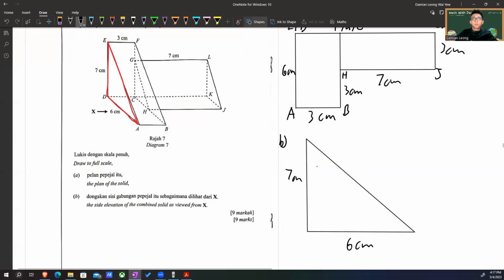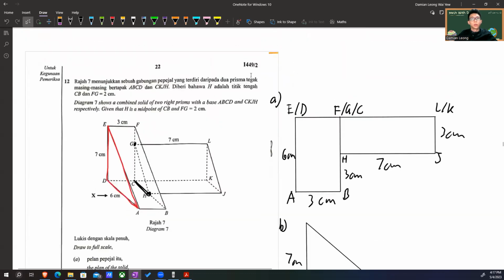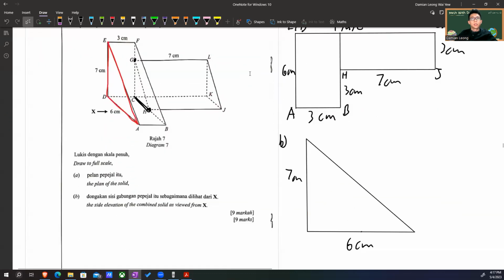Then, see here, here is 3 cm. So 3 cm from here, right in the middle, we draw a line that connects to here. So we need this point as well. They say FG is 2 cm from the question. So I have to measure.